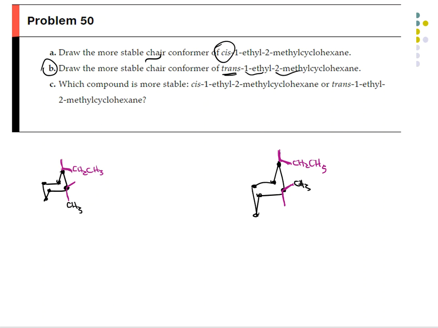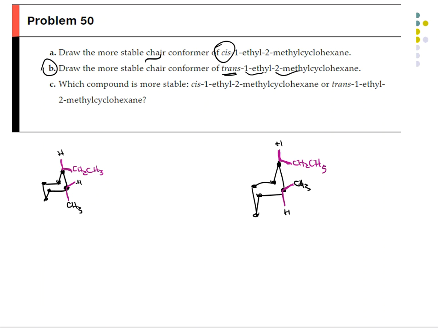Now, I want to go back and talk about other things about A and B before I go on. And the reason is because what do I do with these other bonds? I can't just leave them out here like this because that would be understood to be a carbon. So some people will write the hydrogens on these things just to cap them off. That way, if they do draw both of them, then they can clearly show the directions of them, the axials and the equatorials, and that's great.